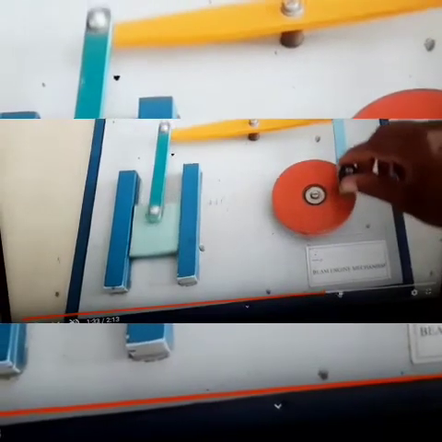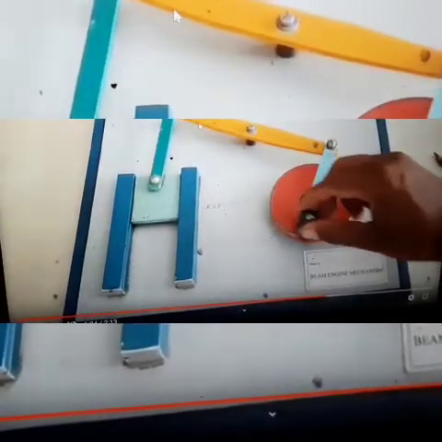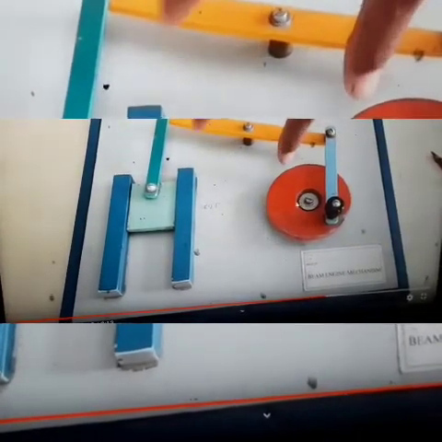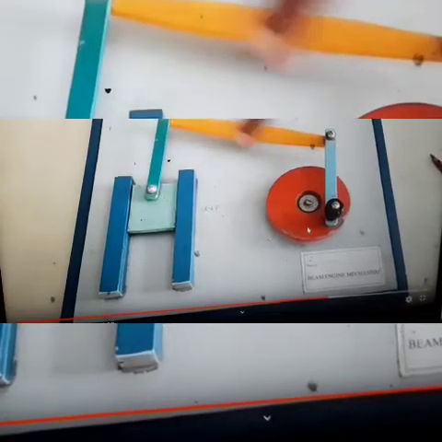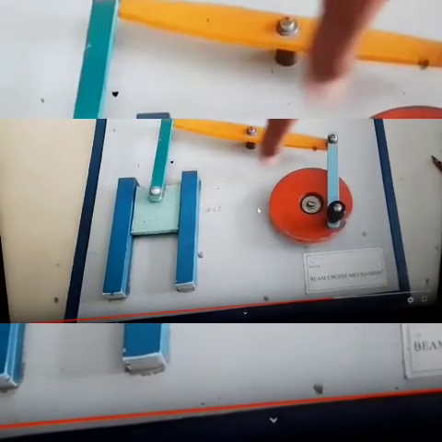You can see here it oscillates about this fixed point. When the crank is rotating, the lever is oscillating about this fixed point, because of which the piston is reciprocating. So it is converting rotary motion into reciprocating motion.